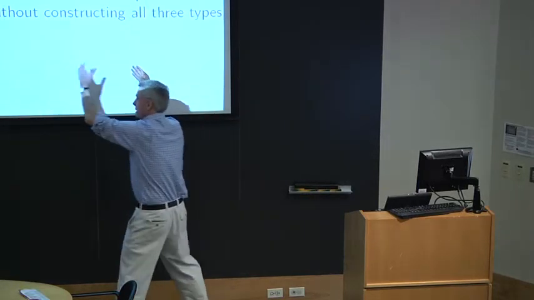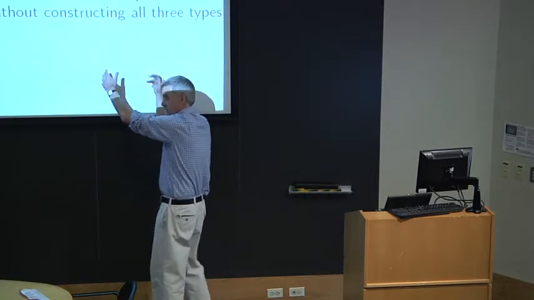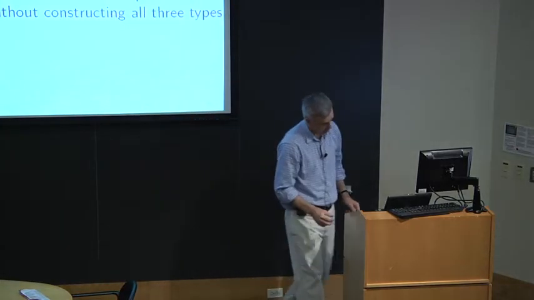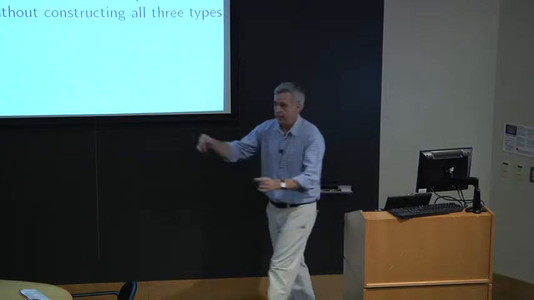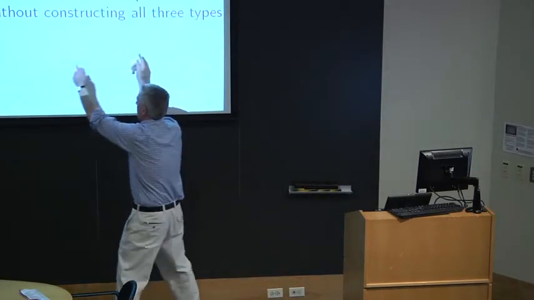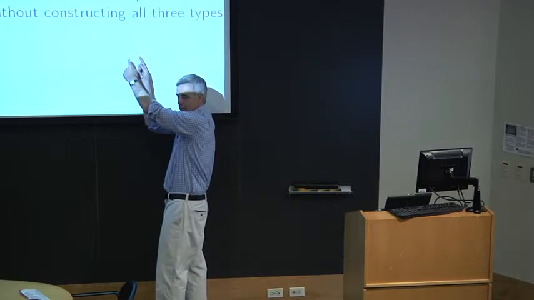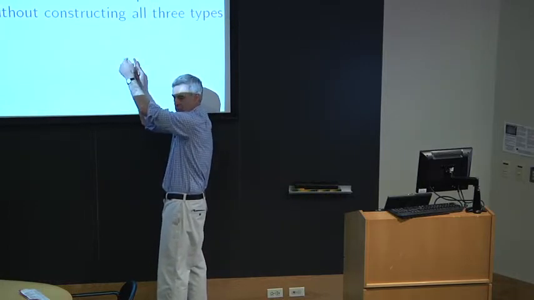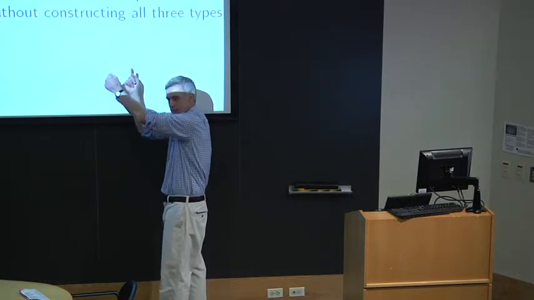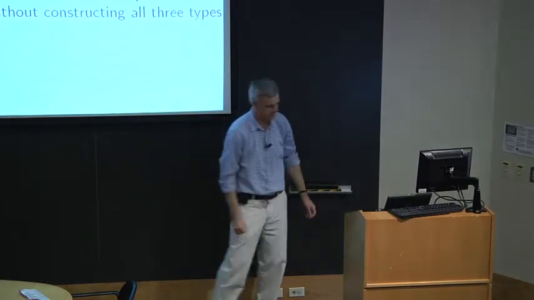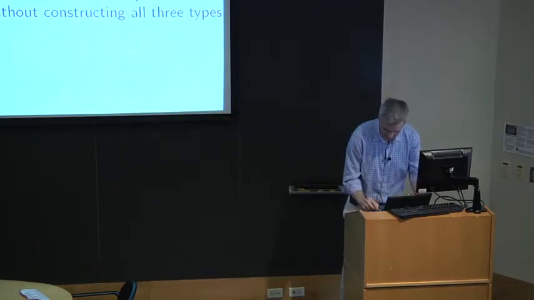Okay, so you can't do that in general without recovering all three. You can't recover a model in one of the three strands without recovering all the models in all three strands. The theories are interwoven.